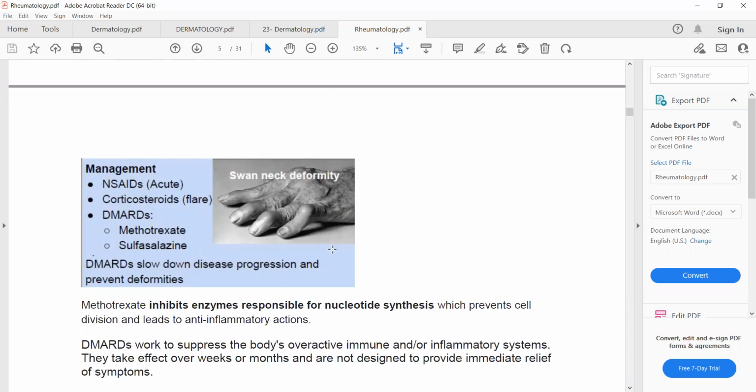They are used because they inhibit the overactive immune system and the excessive inflammation going on in rheumatoid arthritis. So they slow down the disease progression and prevent deformities.